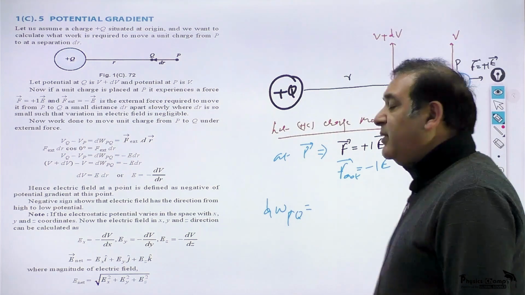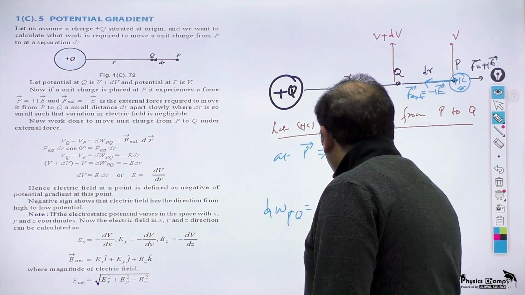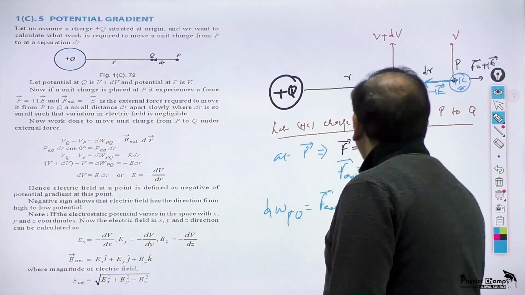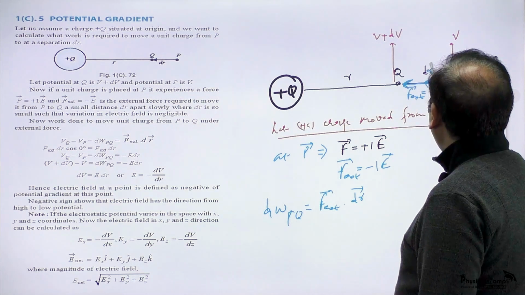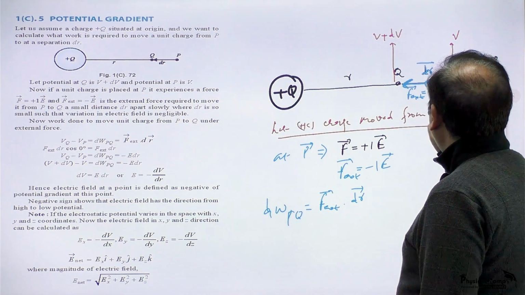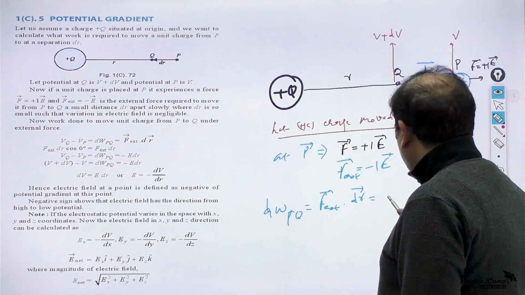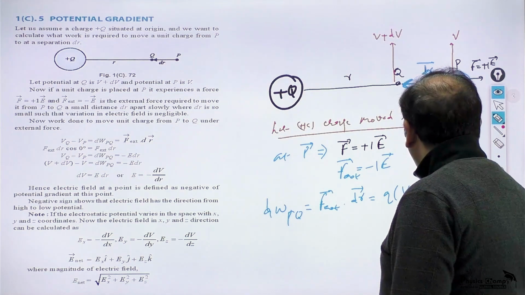I can express this work done to move this unit charge from P to Q as external force dot displacement. Let me call this displacement dr vector. This is dr vector. Force is also in this direction. And it can also be said as Q into VQ minus VP.